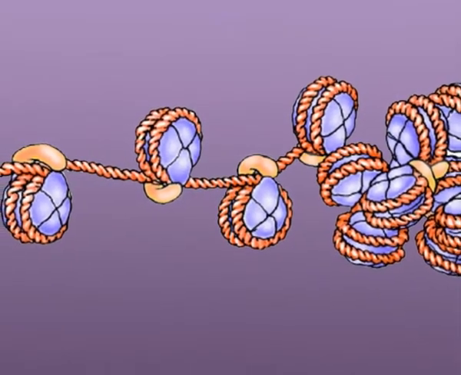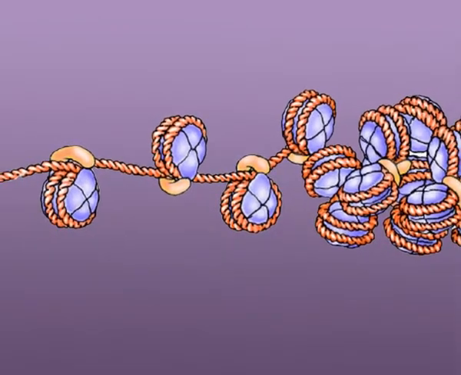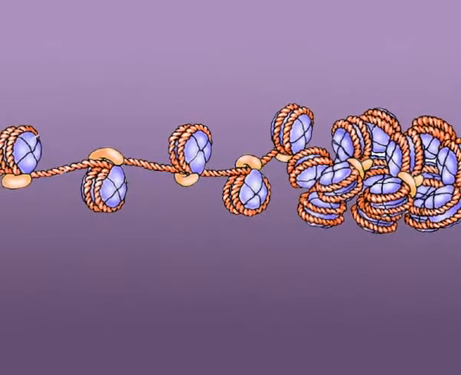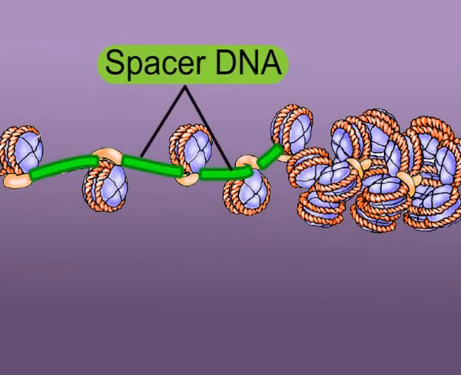It is further compacted by grouping of nucleosomes. Two nucleosomes are linked to each other by a small section of interconnecting spacer DNA, to which is bound another histone protein, H1.